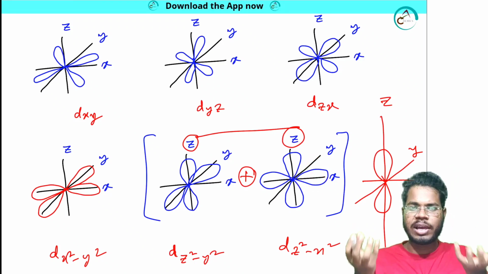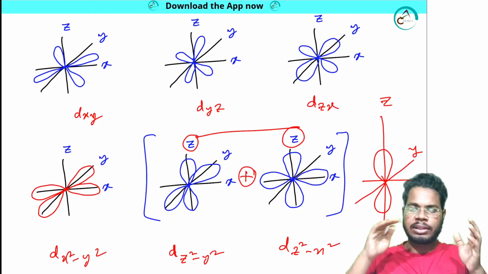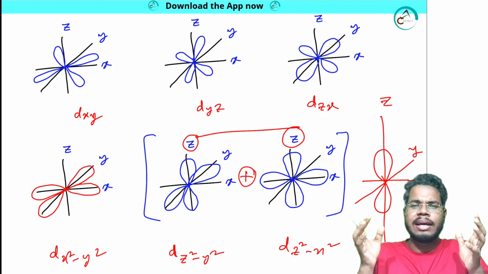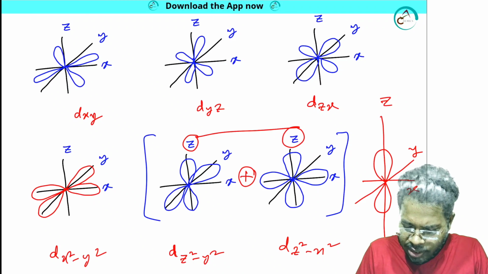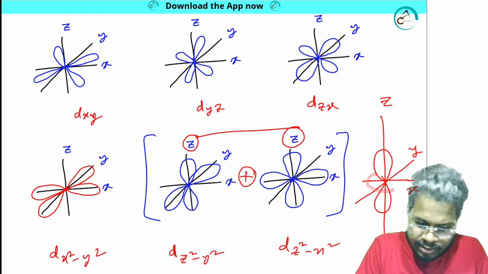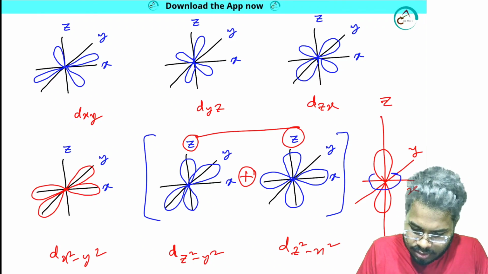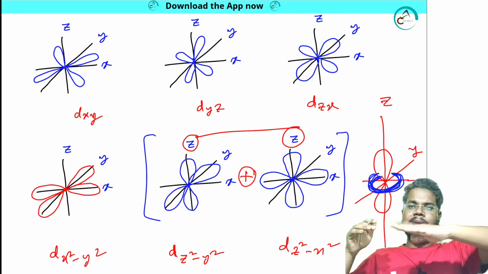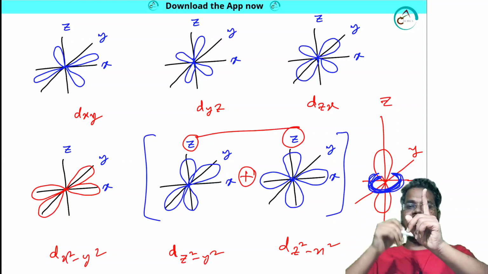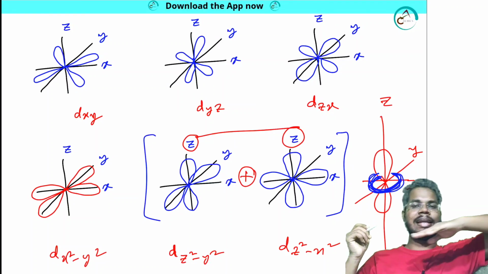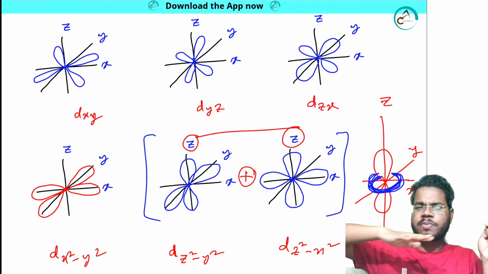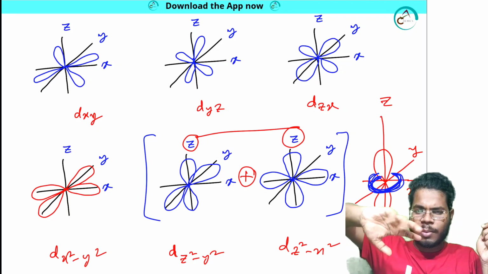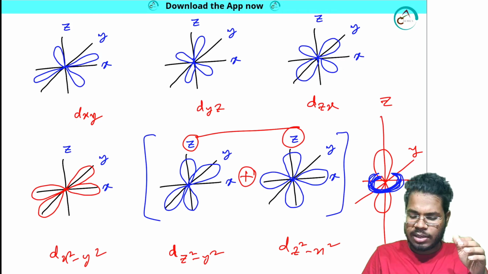That's why you can show it like this. What does it mean? This is the z axis and the lobe is like that, and in the xy plane electrons are revolving here, the electron cloud is present here. So you are summarizing the cloud this way, and this is a donut-shaped structure.